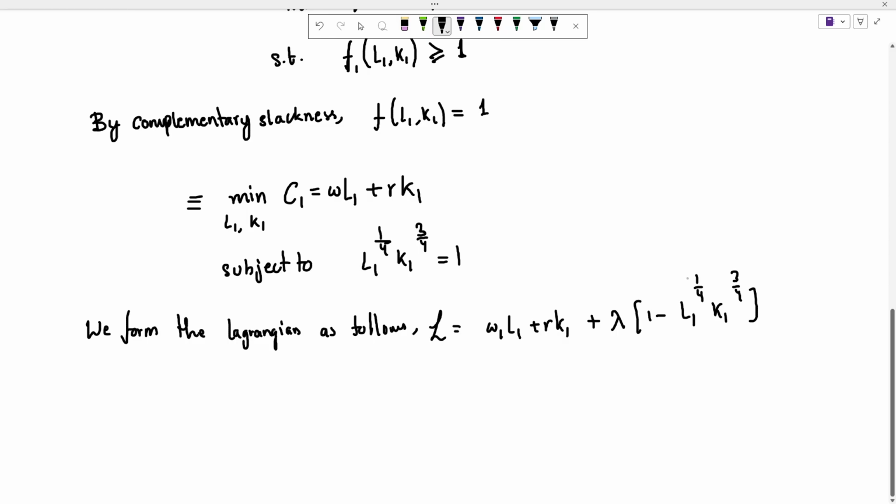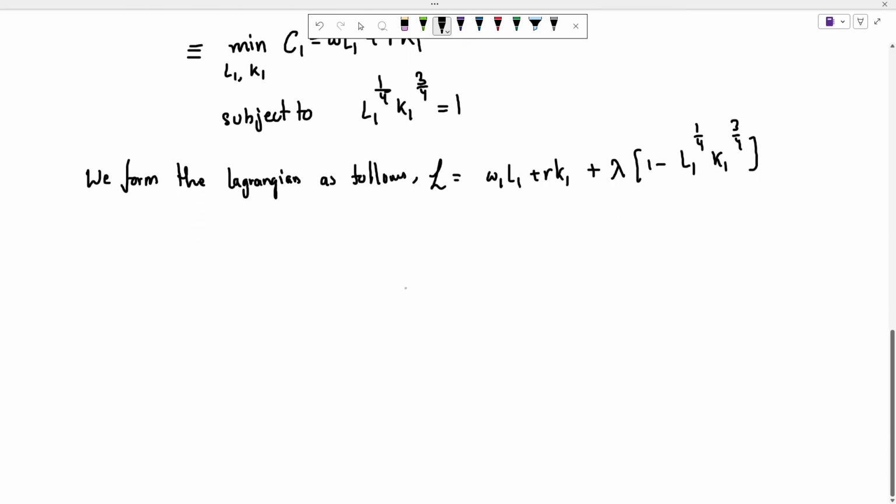That's that. Now the first order conditions. So now we basically need to solve for L1 and K1.